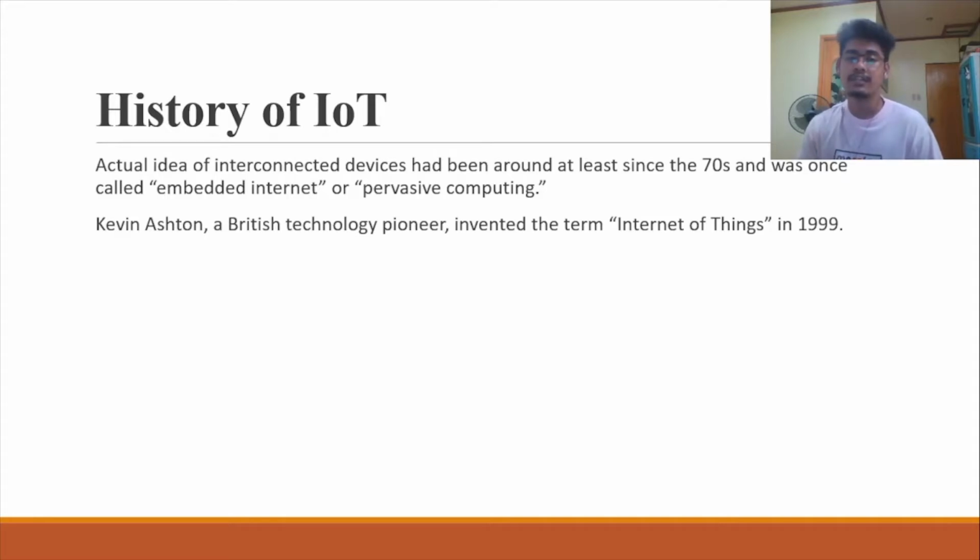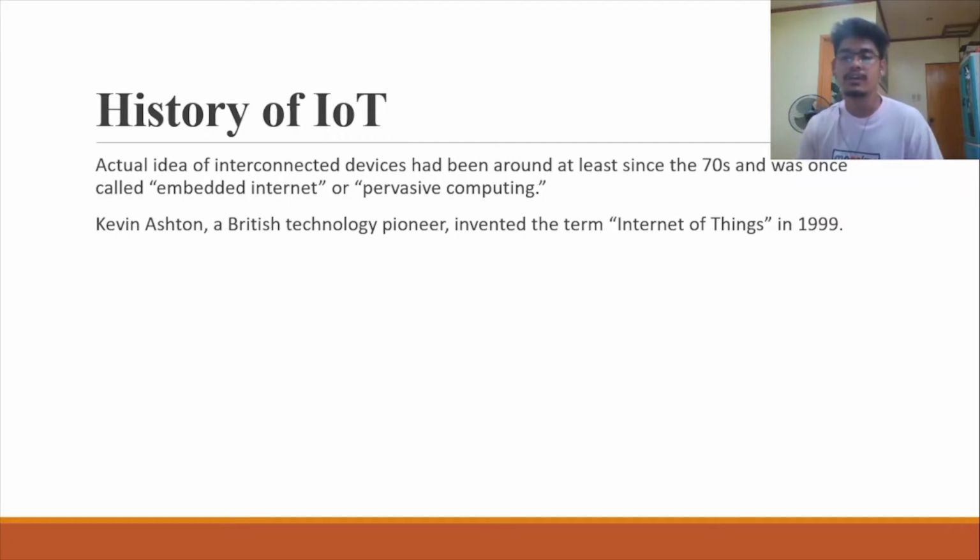History of IoT. The actual idea of interconnected devices had been around at least since the 70s and was called the embedded internet or pervasive computing. Kevin Ashton, a British technology pioneer, invented the term Internet of Things. This happened when he was working at Procter and Gamble.